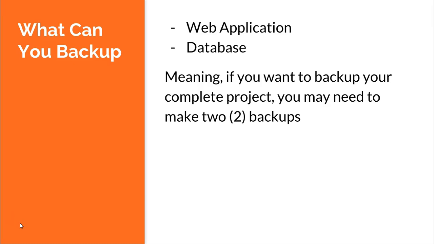When you've got both in separate backups, I think you are pretty much safe, like having your web application ready to be restored should anything happen, which we hope not.